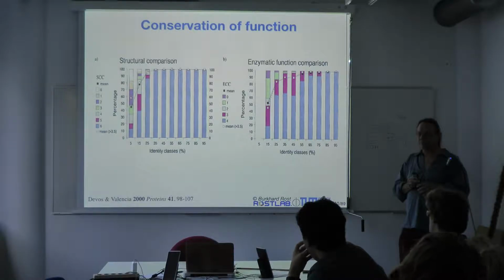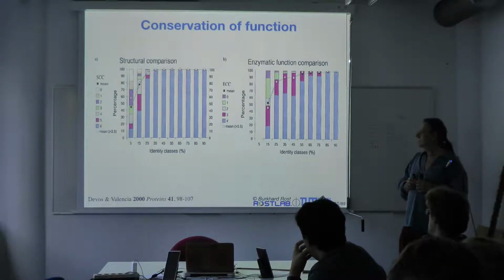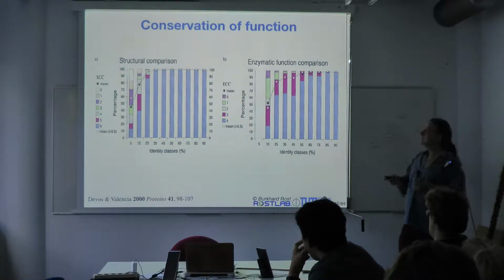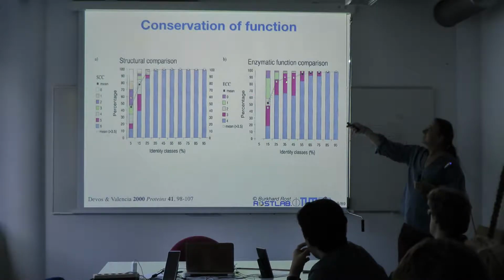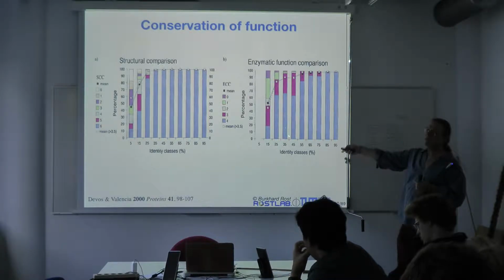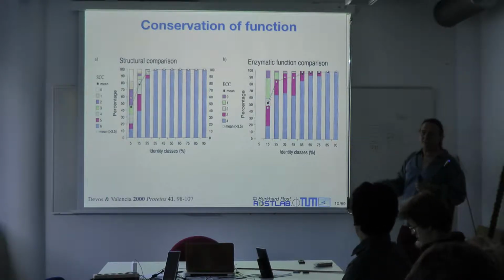Well, even at a quite low sequence identity at 35%, most of the proteins have 3 or 4 same terms. So more than 65, even at 35, 3 almost to 97%.